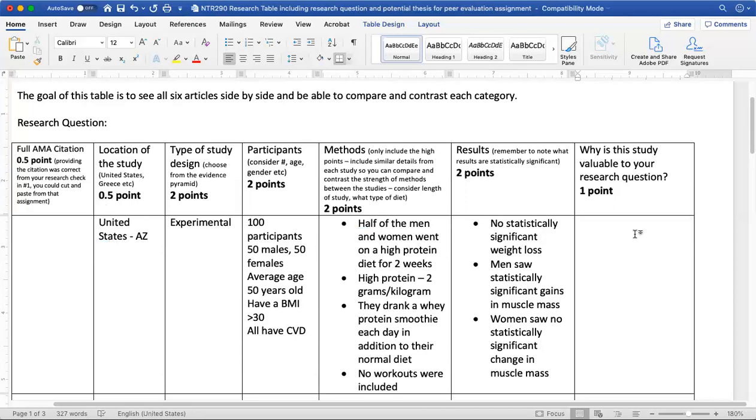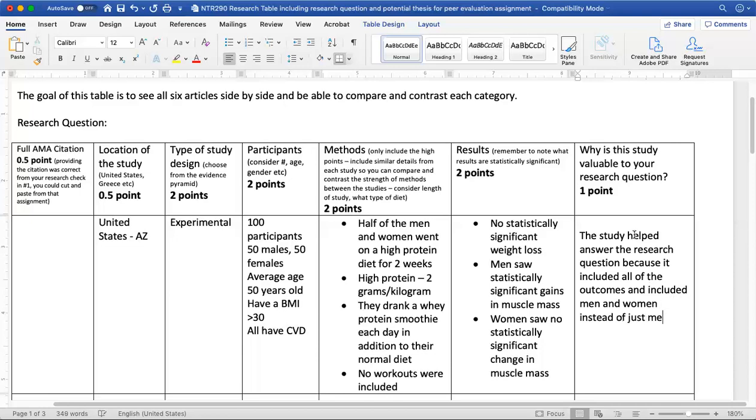So this last one, why is this study valuable to your research question? This study helped answer the research question because it included all of the outcomes and included men and women instead of just men.